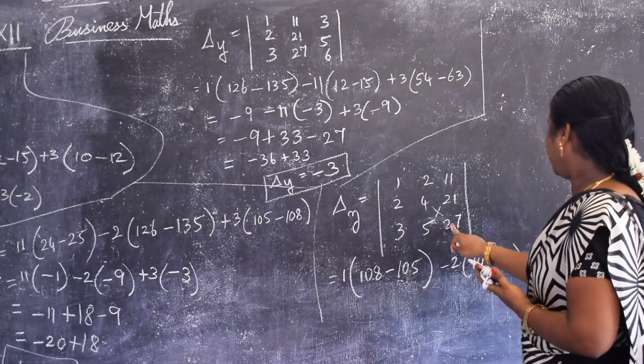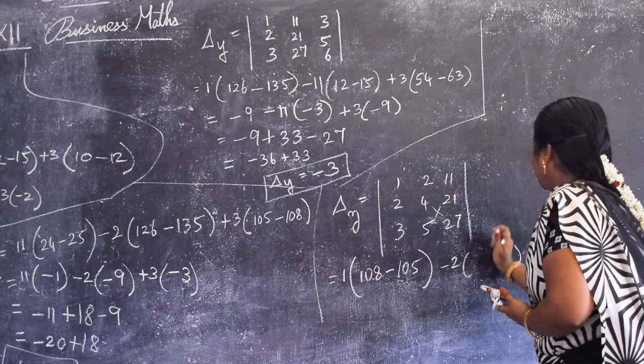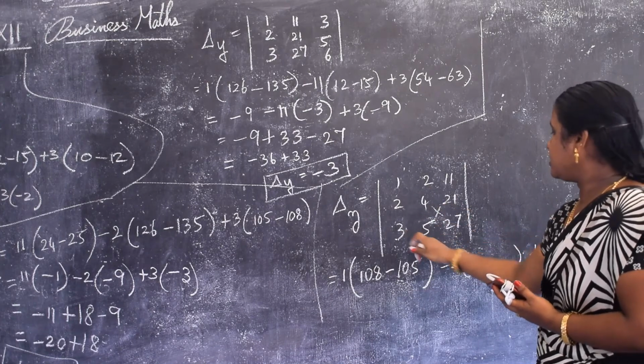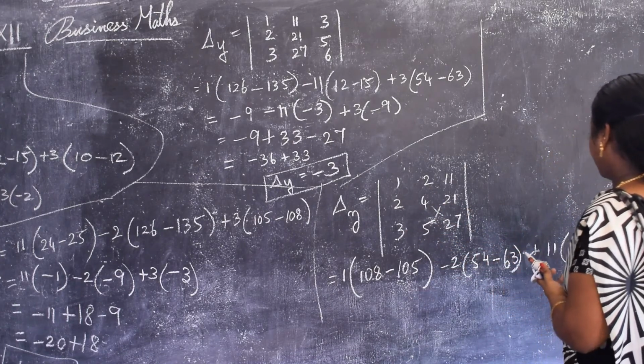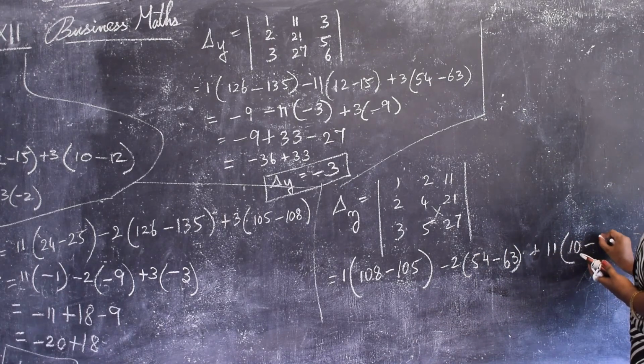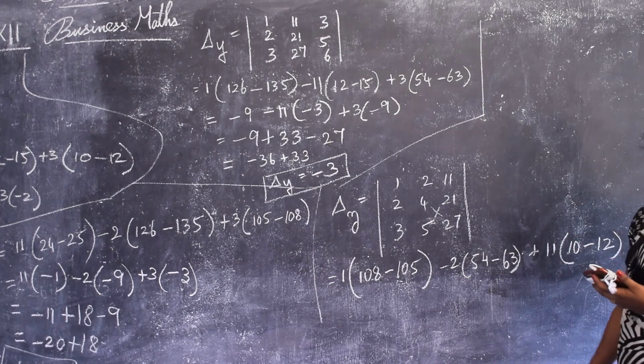Minus 2 into 27, sorry. This one you have to cross multiply: 54 minus 63 plus 11, and 10 minus 12. Have you understood?